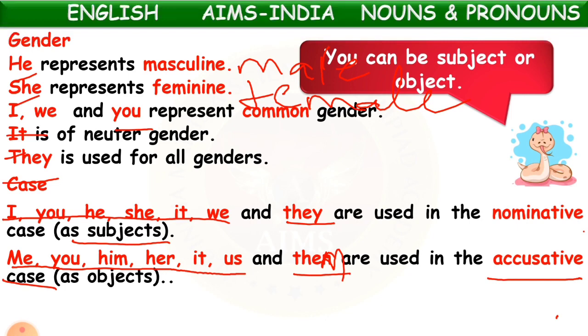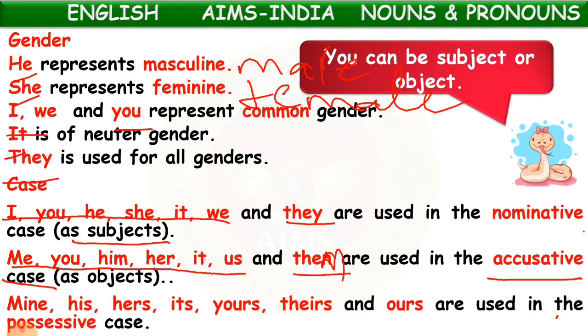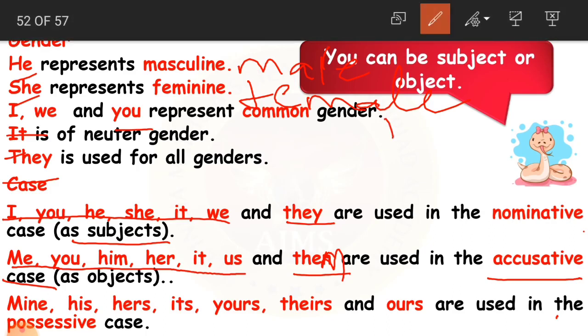Okay, clear children? So mine, his, hers, its, yours, theirs and ours are used in the possessive case. We already learnt the possessive case in nouns also. But did you identify one difference, children? When we used nouns in the possessive case, we marked them with an apostrophe, for singular and for plural after the s.